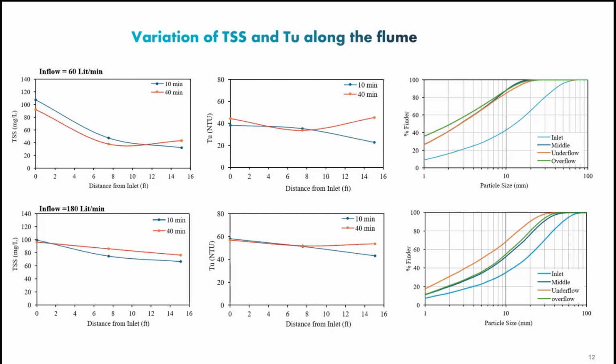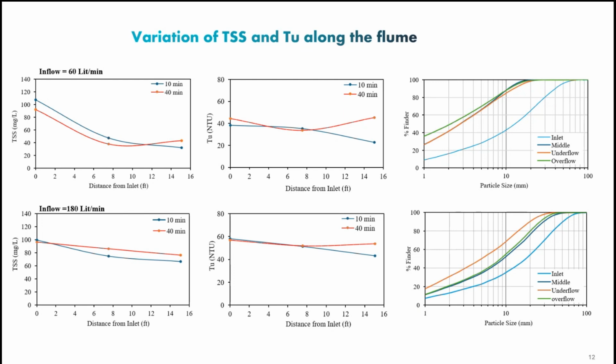So you see smaller sizes of sediments in the water. That shows how this process of sedimentation, or infiltration, both, would work. So you have the result from the middle of the channel, and then also we have the underflow, meaning through the infiltration, and you have the overflow, where the water would pass through the end weir.